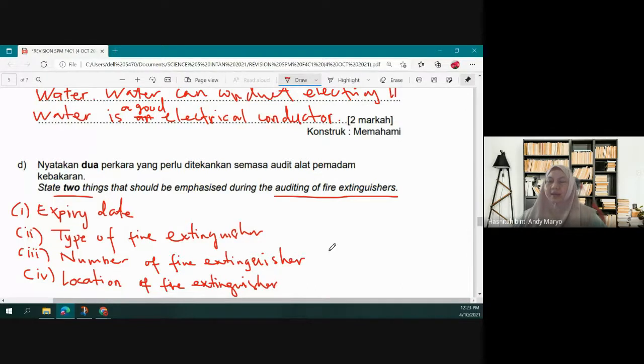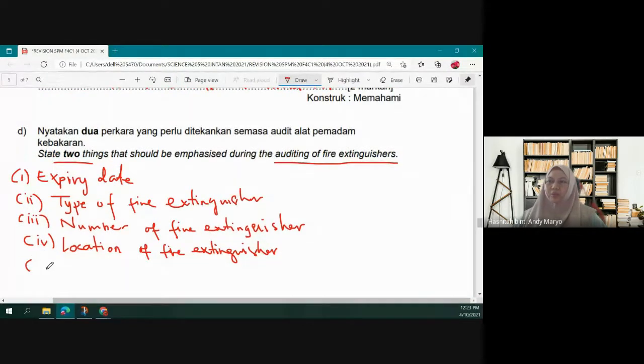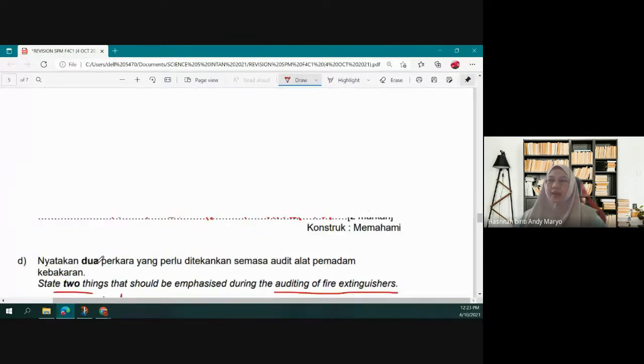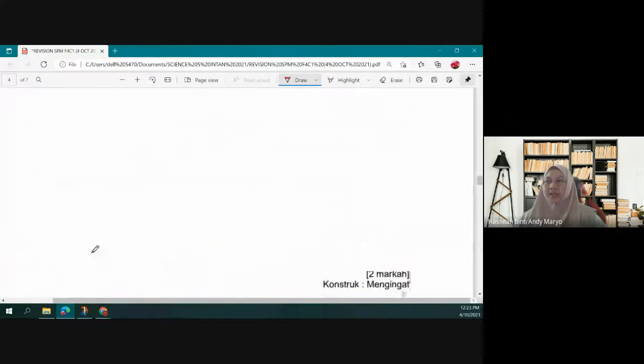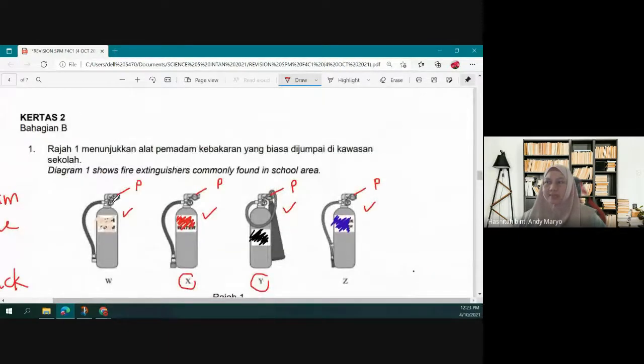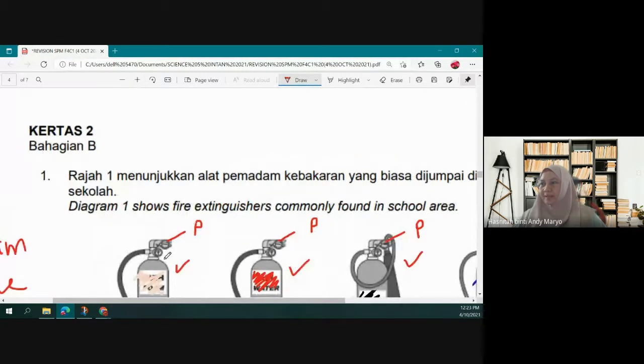Okay, and then another aspect, you can also check on the pressure reading. Okay, where is the pressure reading? The pressure meter is as shown in this diagram. See, there is a pressure meter there. Ada nampak 1 meter pressure di sana, this one. Okay, the pressure meter.